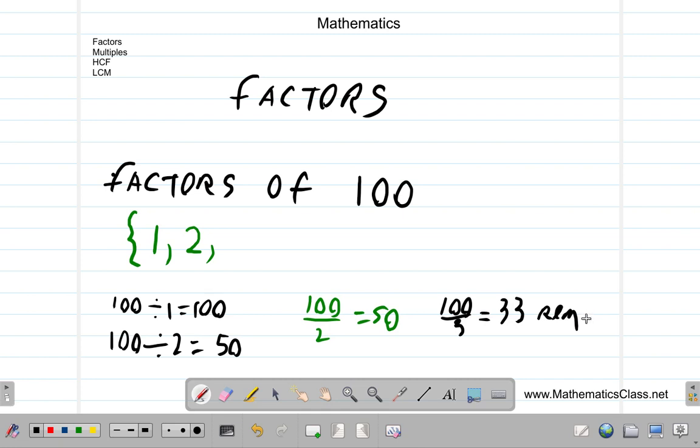So 1 is left over. Remainder is 1. See that? 3 into 100 is 33, remainder 1. You get a remainder. So 3 is not a factor of 100.